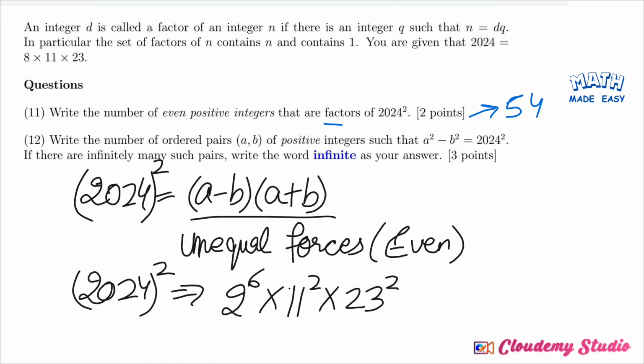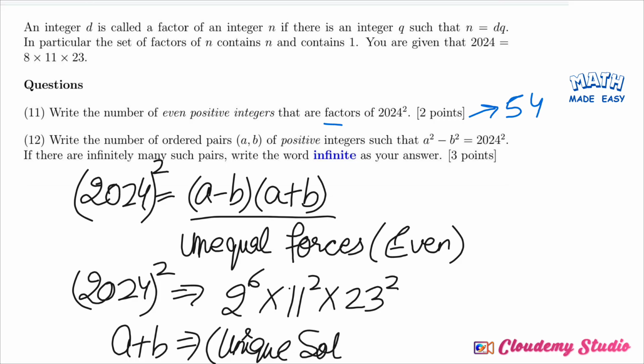So we get unequal factors, and we get a unique solution for A and B by solving A plus B and A minus B. Unequal factors are there, so A and B have unique solutions.